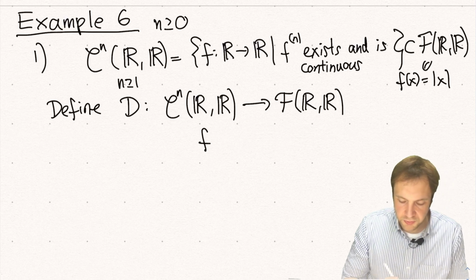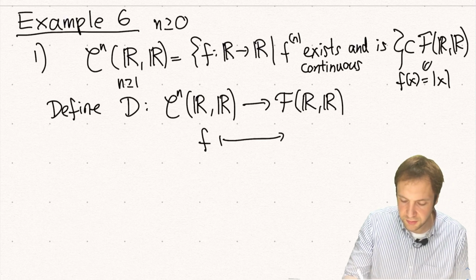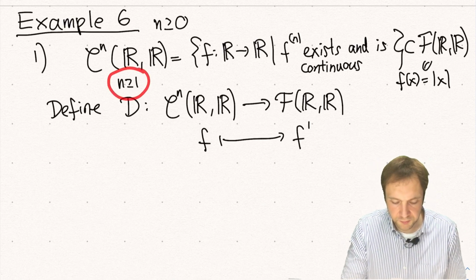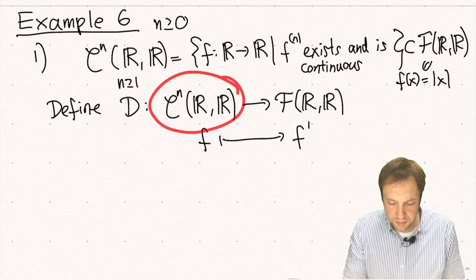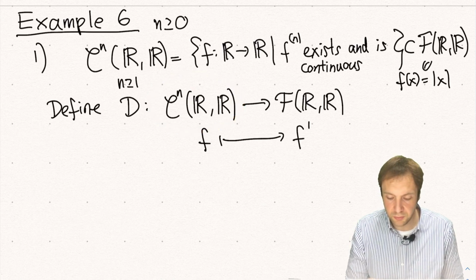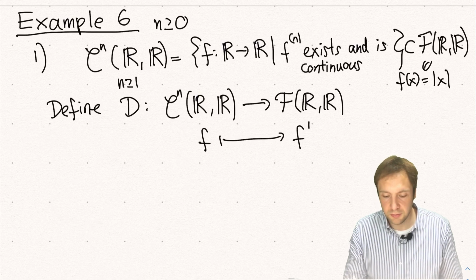And what I want to do is I send an f to its derivative. And this I can do because n is greater or equal to 1. In this space, C^n, the first derivative exists and gives a new function which is continuous.